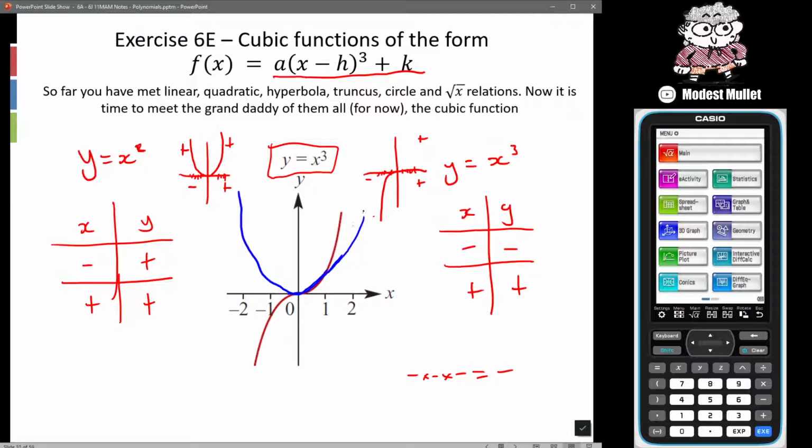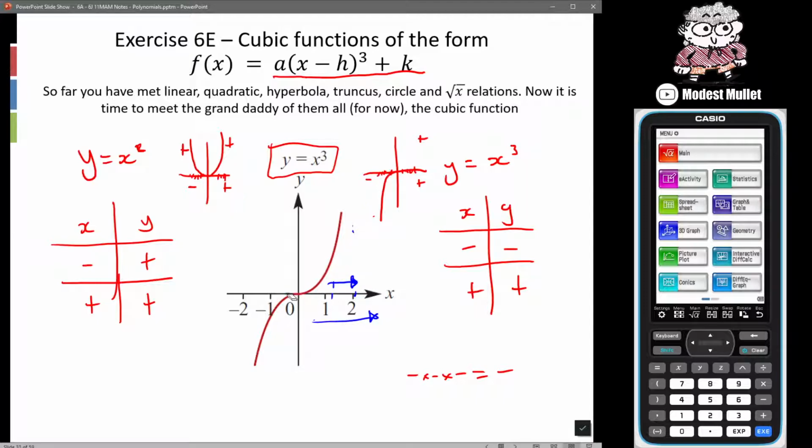Okay, it's going to be something like that. We need greater x values when we're greater than 1 to get to the same height compared to x³, because the cube increases quicker. So that's why that shape is what it is.